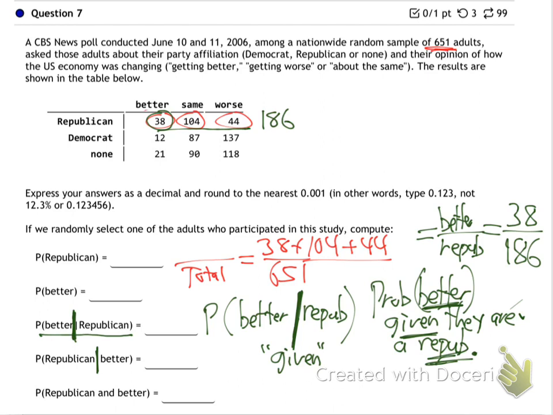Now they're saying we're talking to somebody who thinks the economy's getting better. We may or may not be talking to a Republican, but for sure, we're talking to somebody who thinks the economy's getting better. That's what you know for sure. So what's the probability that they're a Republican given they think the economy's getting better?